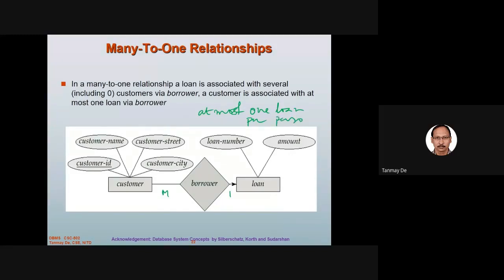Many to one means this side is one, at most a single loan, and on the many side, any number of customers are associated with a particular loan.